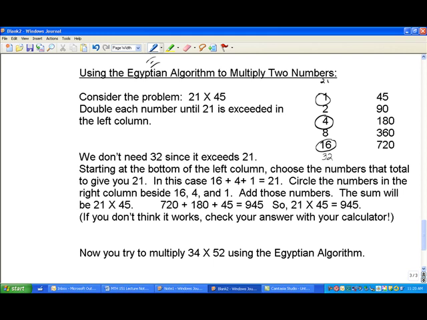So that tells us that we want to pick the numbers from the other column and add them up. So we're going to add 45, 180, and 720. And if we add those up, we end up with 945, which is the correct product. So basically what they're doing is they're doing the multiplication by adding.